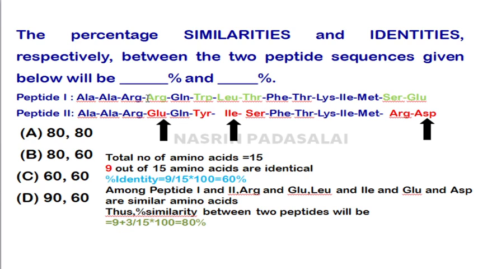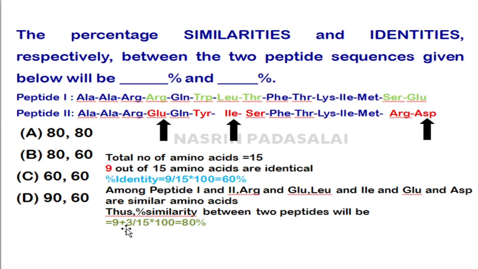And at last, if you take glutamate in peptide 1 and asparagine in peptide 2, both are similar. So among these, 3 amino acids are similar in nature. Similar amino acids have a similar molecular form, but they differ in their structure. Okay. So you should know arginine and glutamine, leucine and isoleucine, glutamate and asparagine are similar amino acids. So totally 3 amino acids are similar.